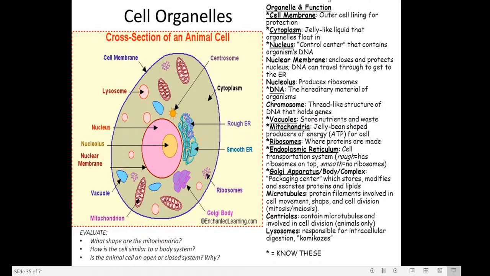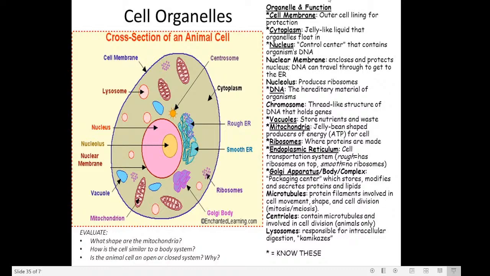Then Golgi apparatus is a packing center that modifies proteins and produces various proteins for various purposes. Then microtubules are for moving, protein filaments involved in cell movement and shape. Then centrioles are contained in the microtubules and involved in cell division.